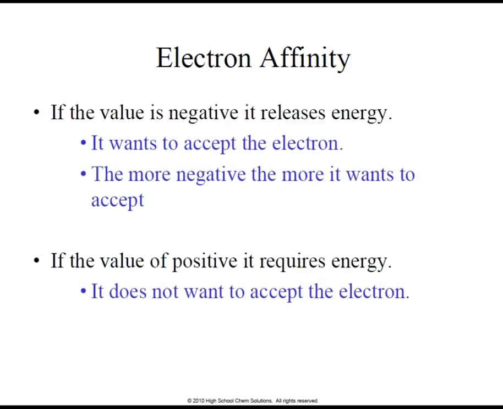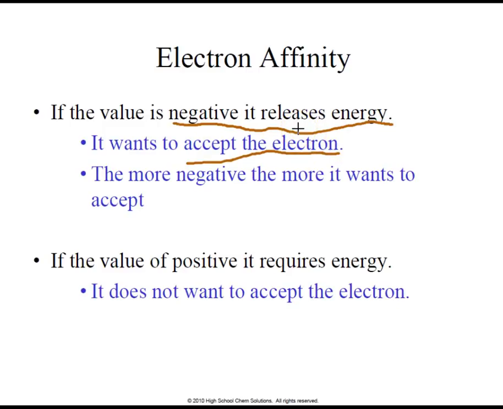Electron affinity can be negative or positive. Remember, ionization energy is always positive. It always takes energy to get that electron off. But adding an electron can be negative if it releases energy. If the electron affinity is negative, that means that the atom wants to accept an electron, and when it does, it's going to give you energy back.